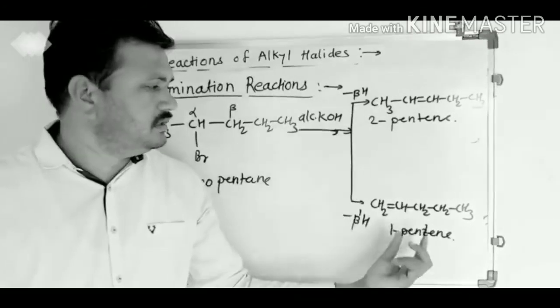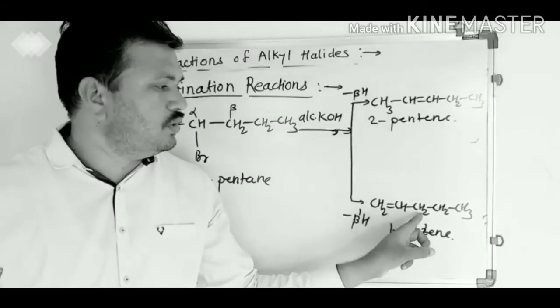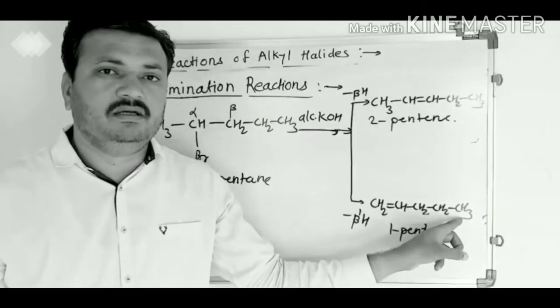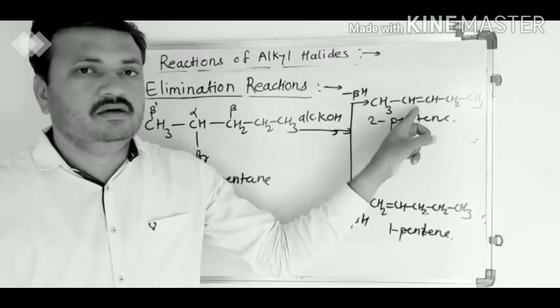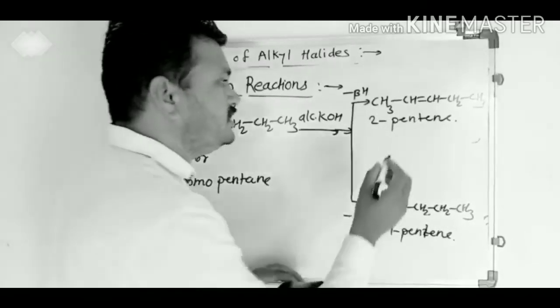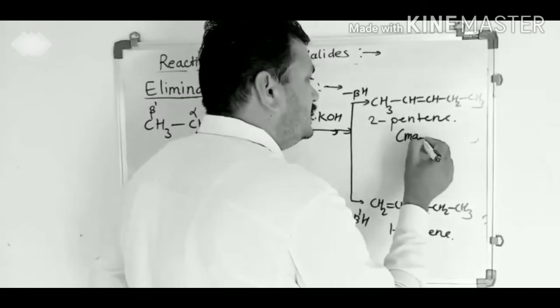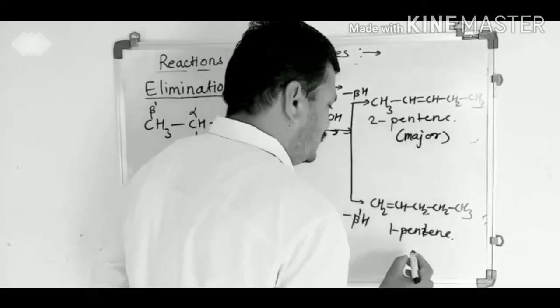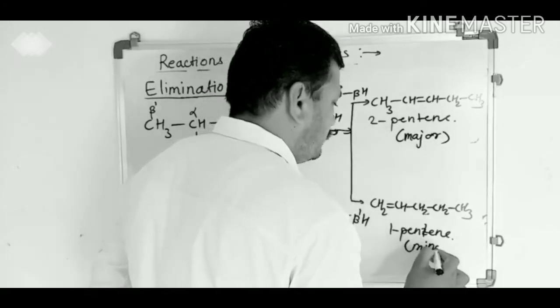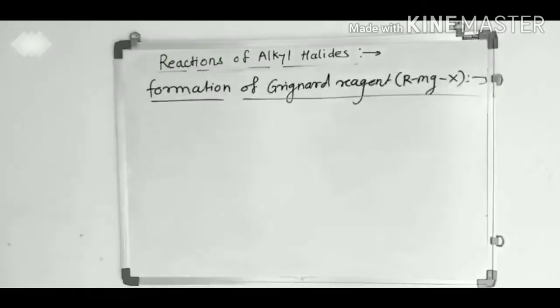In the second, the double bonded carbon has only one alkyl substituent, propyl. Therefore the first alkene is the major product according to Saytzeff's rule, and the other is the minor product.